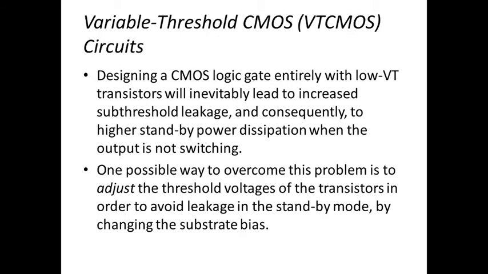In the case of variable threshold CMOS circuits, designing the CMOS logic gate entirely with low threshold voltage transistors will inevitably lead to increased sub-threshold leakage and consequently to higher standby power dissipation when the output is not switching. One possible way to overcome this problem is to adjust the threshold voltage of the transistor in order to avoid leakage in the standby mode by changing the substrate bias.